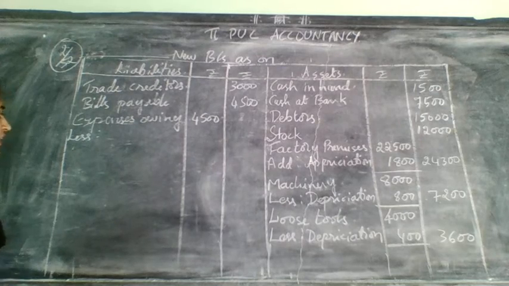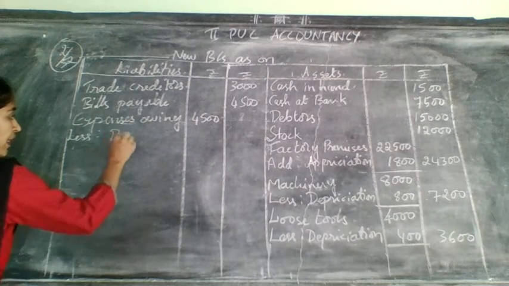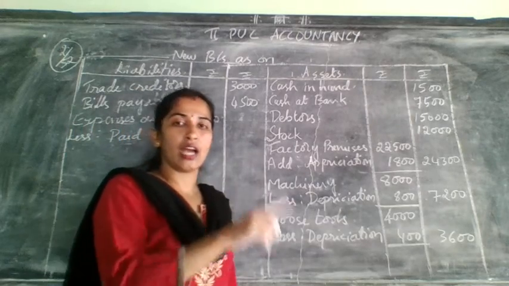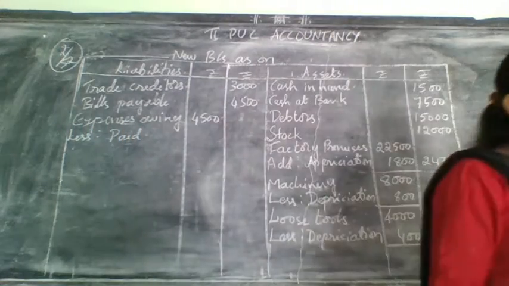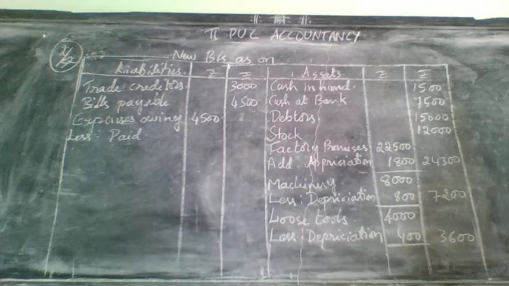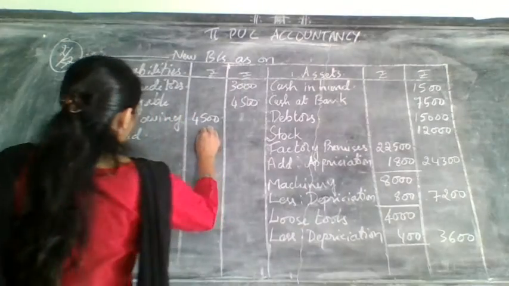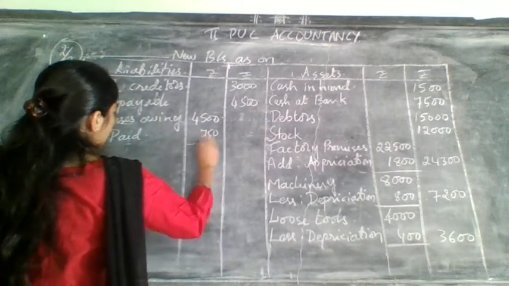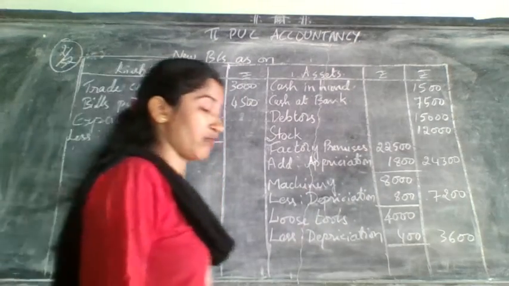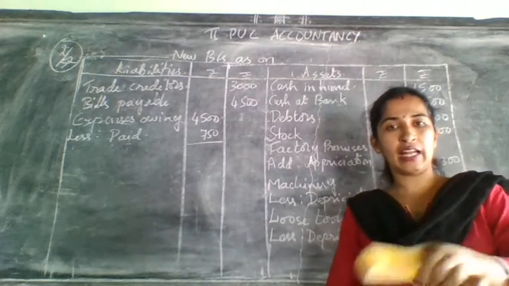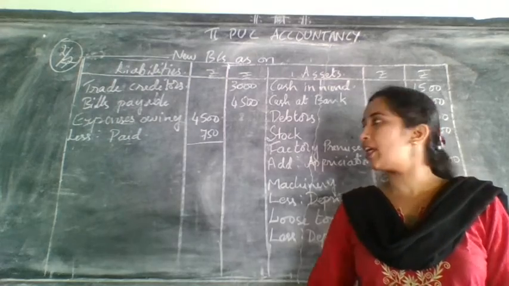So when there is a decrease in the value of liability, what you need to do? You need to write here less paid. How much was paid? You have taken it in the amount column. The difference amount you have taken. How much is it? You have taken it as 750, right? 750, no need to do that calculation. 4,500 minus 3,750, and that difference amount already you have considered as 750.